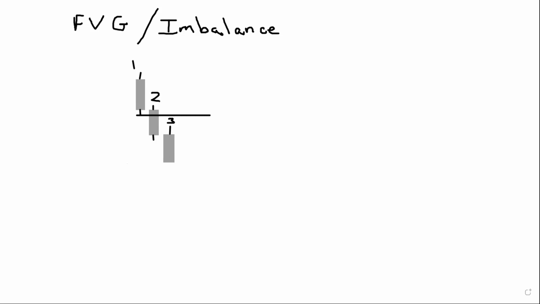So first candle to third candle, what you're looking for is the gap between the low. If it's going down, you're looking for the gap between the low of the first candle to the high of the third candle. If these two points don't touch, that is a fair value gap or imbalance.